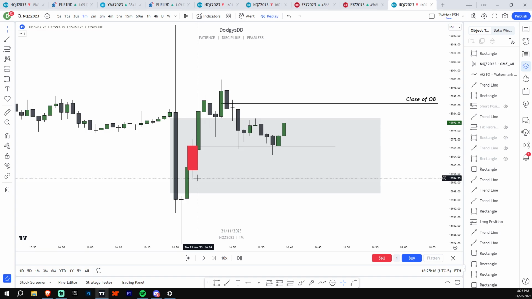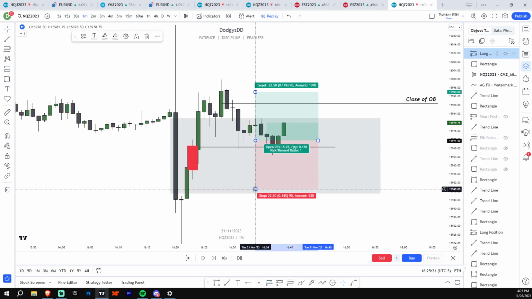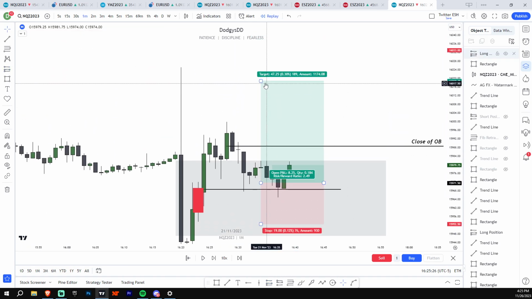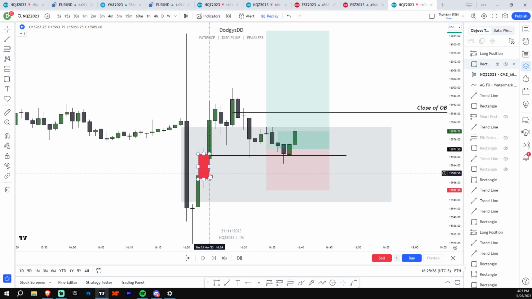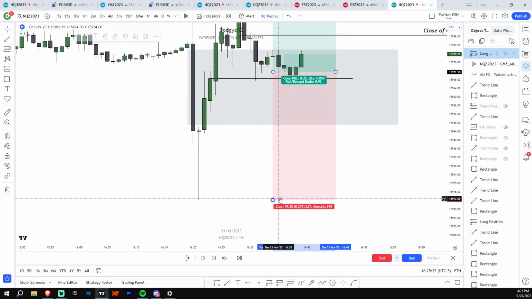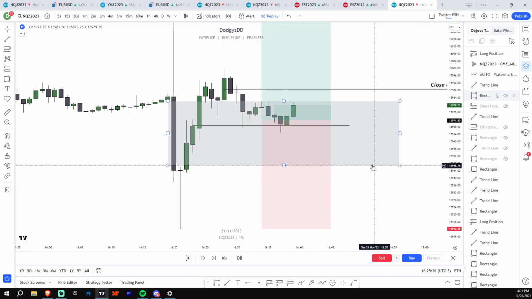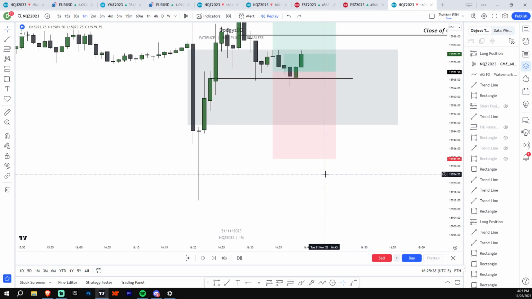I know it may already make sense to a lot of you, but for the people who didn't understand it, you see the difference in, okay, my stop with an OB could be tighter here. It could be like this. Instead of, if there was no OB, it would be literally like this. See that?